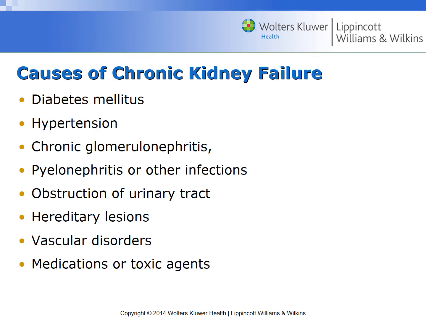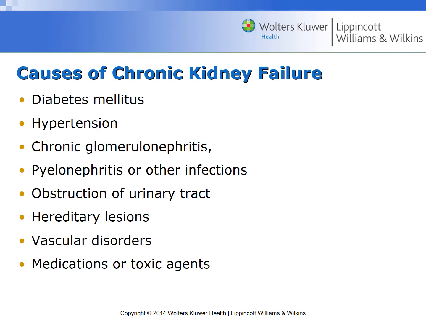Causes of chronic renal failure can be diabetes, hypertension, chronic glomerular nephritis. So if you look at that word, we've got the glomerular in there, the glomerulus, and nephritis, nephrons. So nephrons are part of that structure that is the key to the whole filtration, what's helping with the reabsorption of needed substances in the body versus the secretion and excretion of the waste.